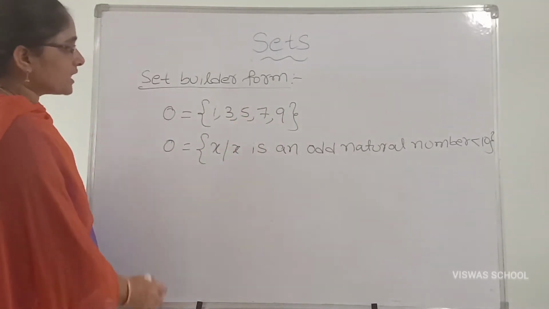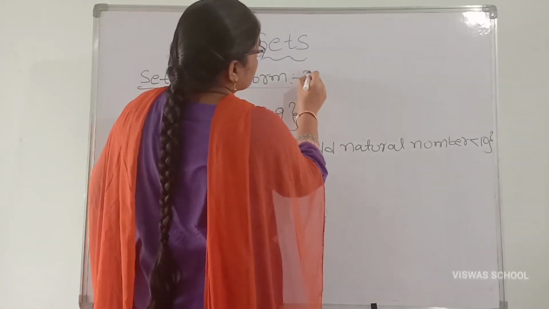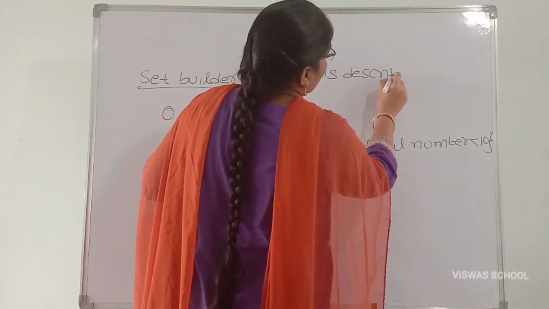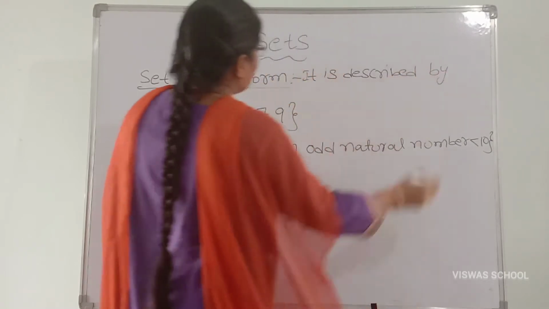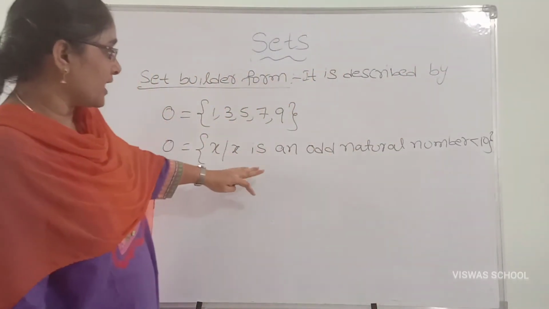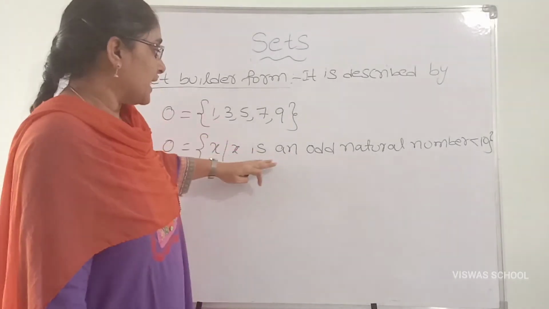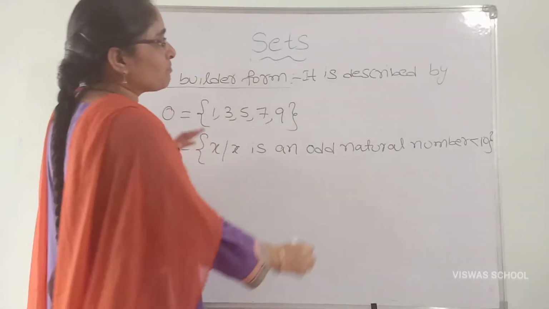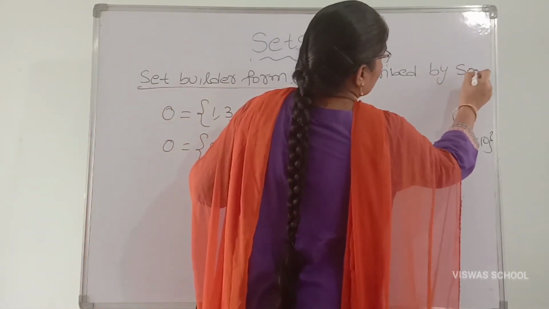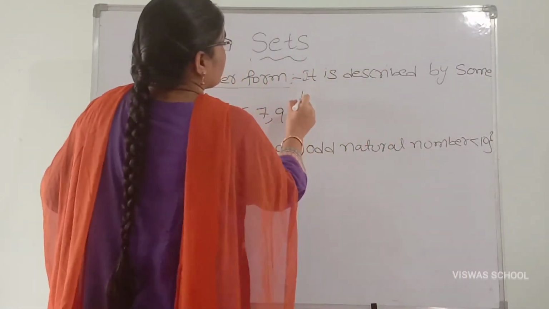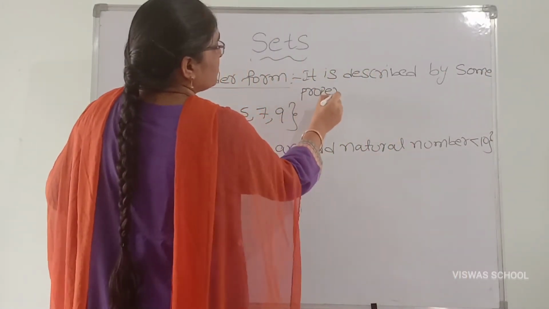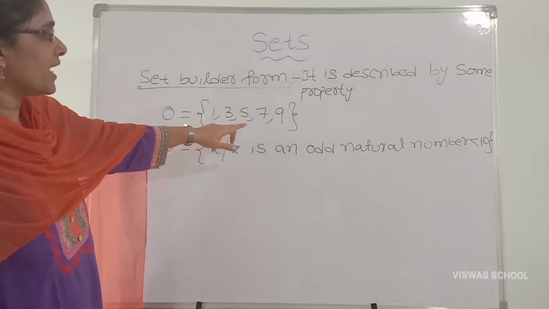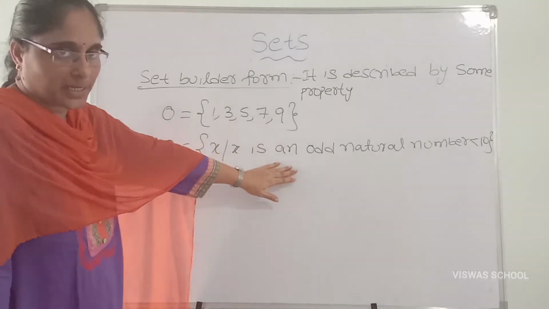Set builder form means it is described by a property. This is called property: x is an odd natural number less than 10. It is described by some property. All the elements are based on this property only.